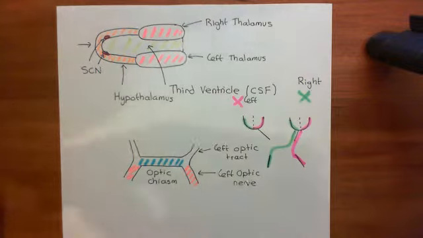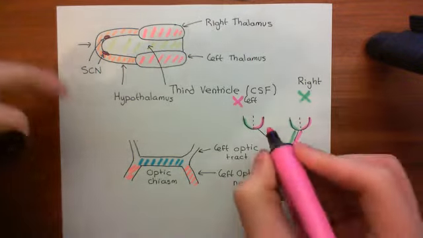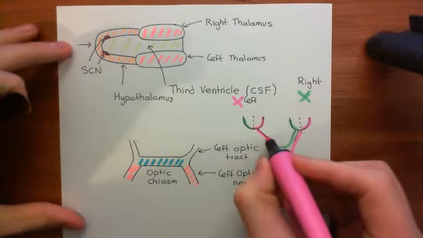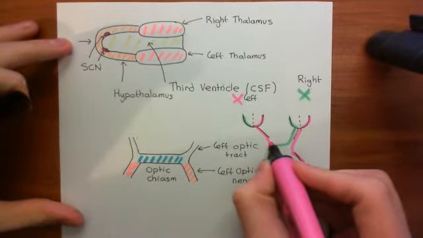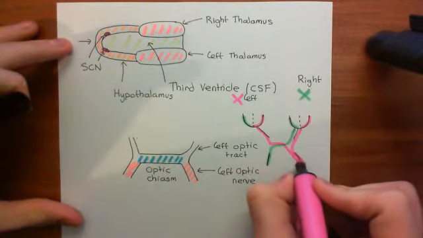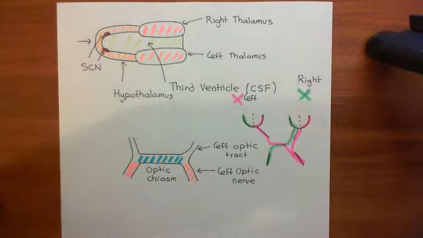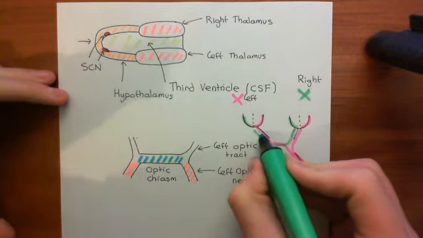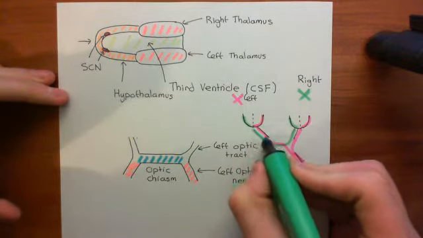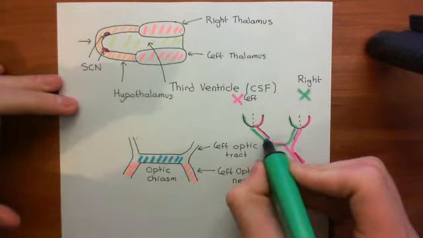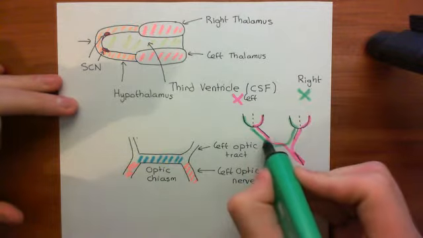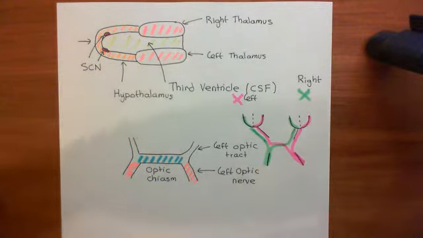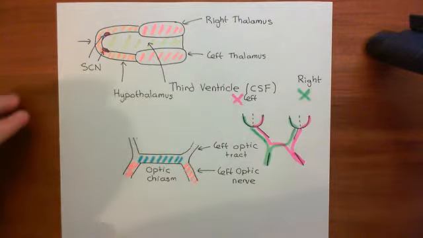Now let's do the same thing on the left eye. The fibers which are conveying information about the left visual field, those will go through the optic chiasm and then go into the right optic tract. And then finally, the fibers in the left optic nerve which are conveying information about the right visual field, they will remain on the same side and they will go into the left optic tract.